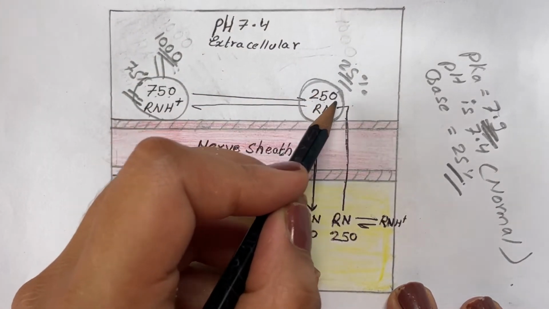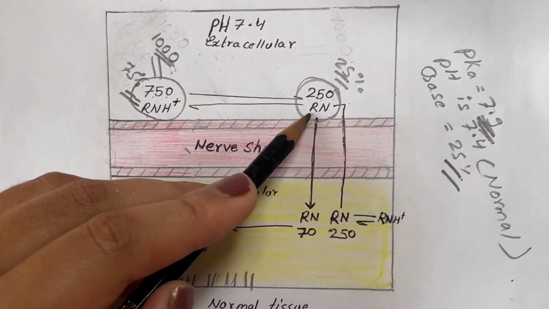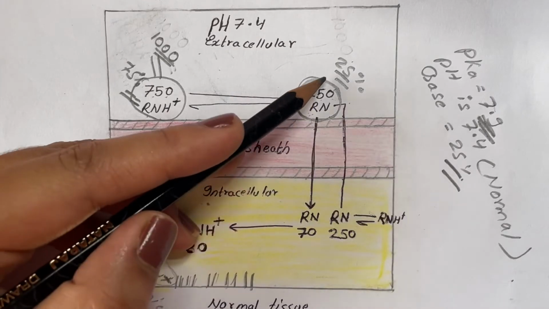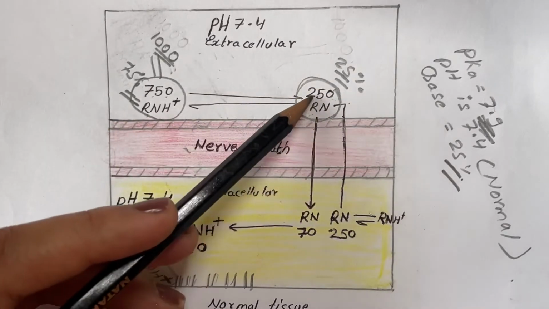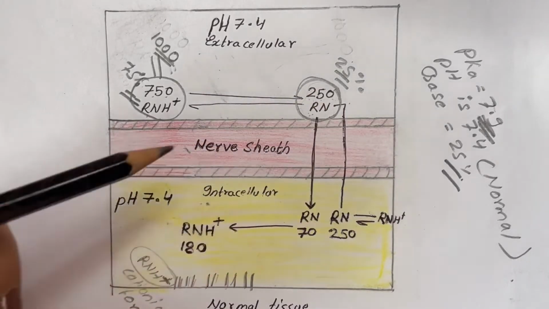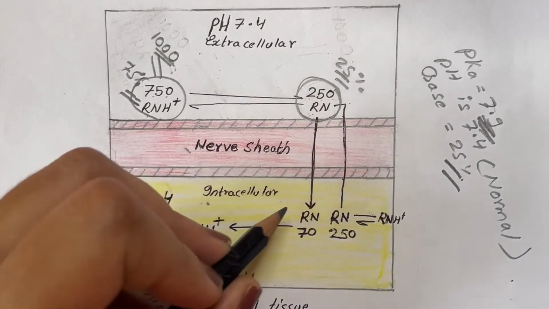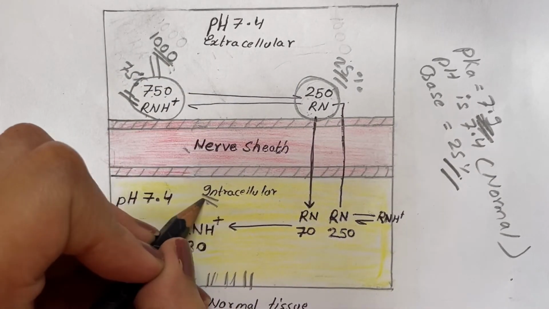As we know, the free base form is responsible for diffusion of the drug through the nerve sheath, so only 250 molecules pass through the nerve sheath and go into the intracellular area.